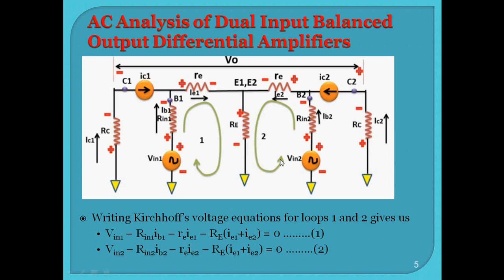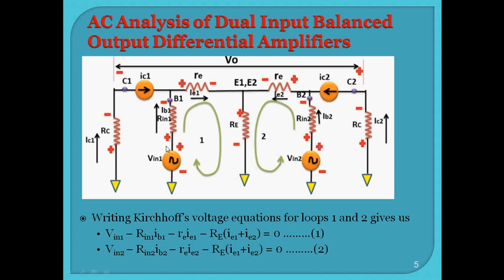Now we want to find the output voltage equation, so we want to determine the differential voltage gain. First of all, we have to write Kirchhoff's voltage equations for both loops, loop 1 and 2. If we consider first loop 1, where the voltage here is Vin1, consider this voltage as positive. So the voltage at this point is Vin1, and the voltage drop across this Rin1 resistor is Rin1 into Ib1.